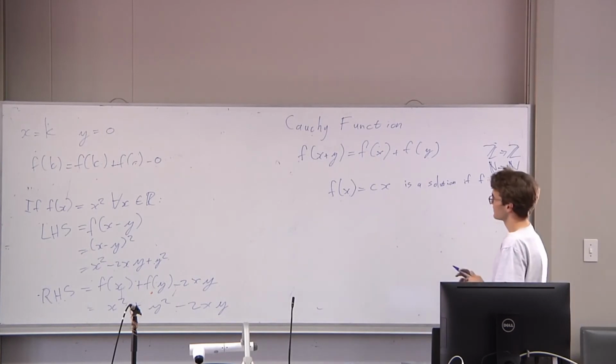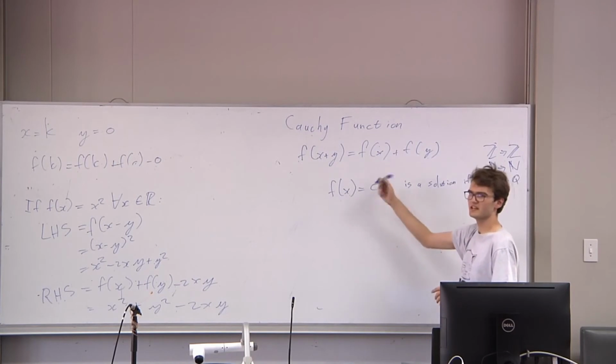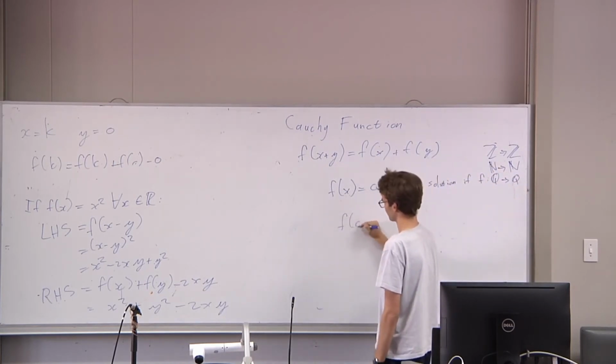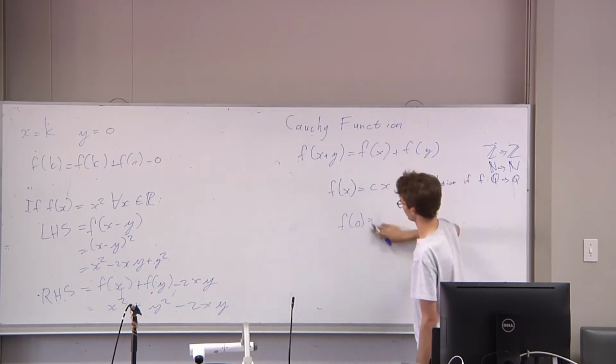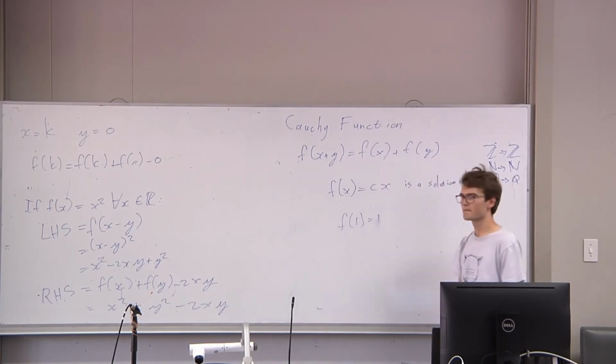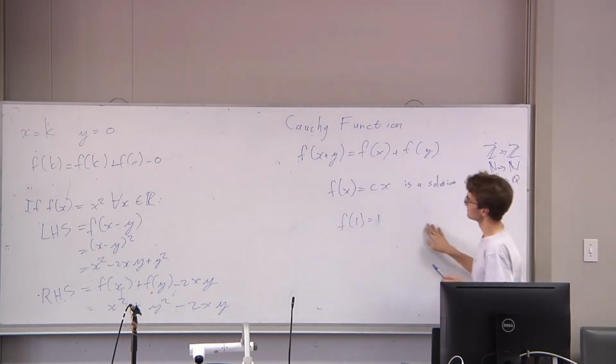In that case, since f could be x times any real value c, there's no point trying to say something like f of 0 is equal to 0. Well, that is true. Saying something like f of 1 is equal to 1 isn't always in the solutions. Okay?